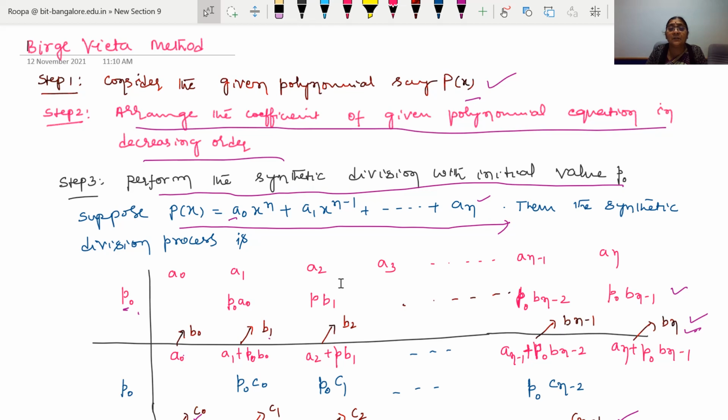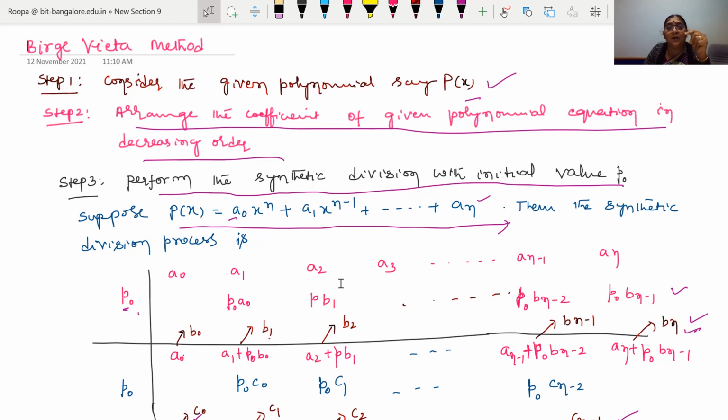I have to choose two values with opposite signs, make it an interval, and take the mid value. That is my initial approximation. While doing it this way, we can't expect everyone to extract the same linear factor or the same root, because someone may take the interval 1 and 2, and you may take 2 and 3.